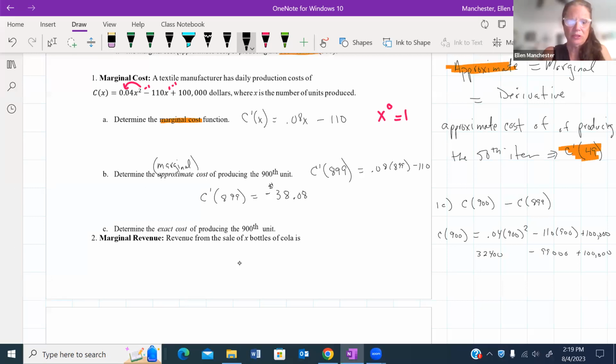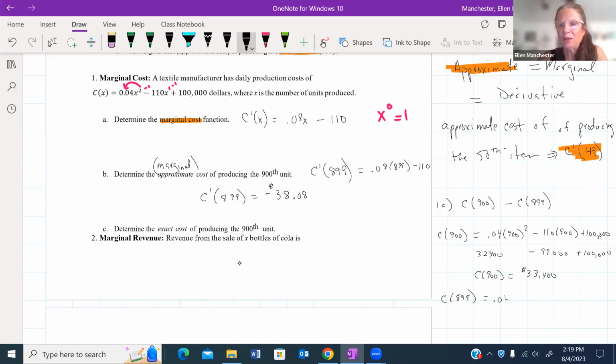So I'm going to go 32,400 minus 99,000 plus 100,000. So the cost of producing 900 products is 33,400. Now the cost of producing 899. And remember, this is total cost. This isn't marginal. This is total cost.